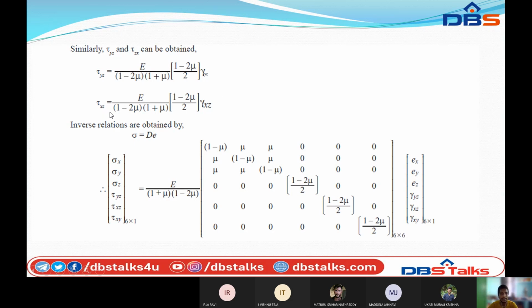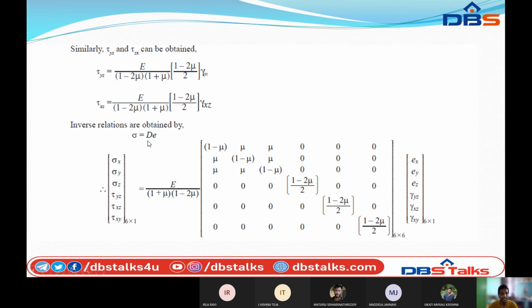Then tau xz, the shear stress in the x and z direction, is E by 1 minus 2 mu into 1 plus mu multiplied with 1 minus 2 mu by 2 times gamma xz. Wherever we take the component yz in shear stress, the strain component is similarly yz.